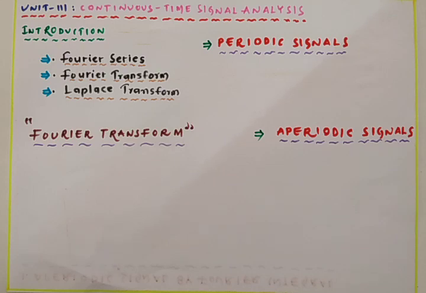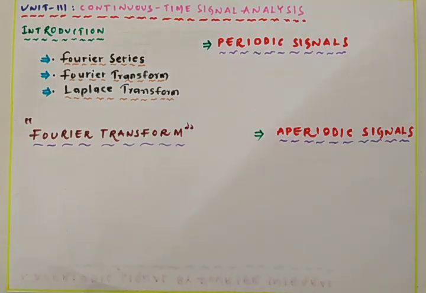That means if you take any real time signal, it naturally depends on time, and a real time naturally available signal is called a time domain signal. That means we represent the signal with respect to time.